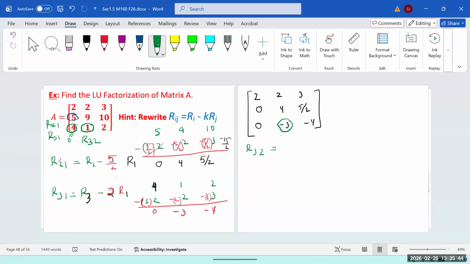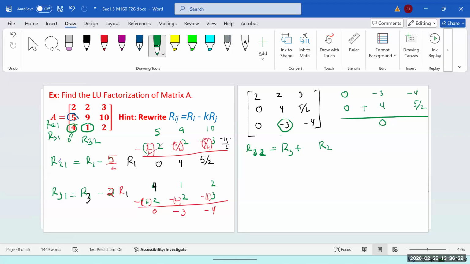I'm still working on that one. No problem, we can do it together. Row 3, so 0, -3, -4. And which row are you supposed to use? Row 3 minus what? The hint is in the position. Oh wait, row 2. Okay. So row 2 is 0, 4, 5/2. We want to get 0 here. That means we need to add.